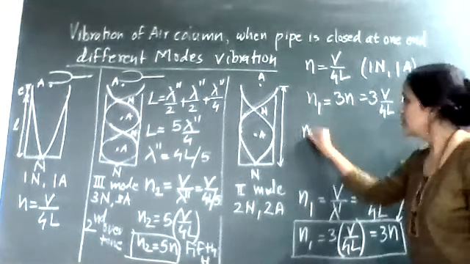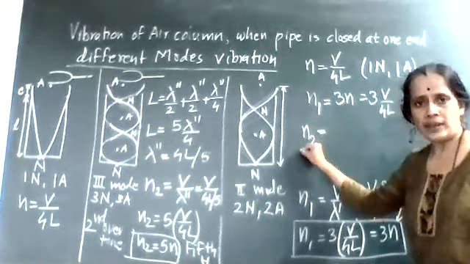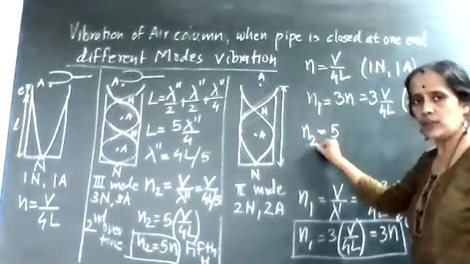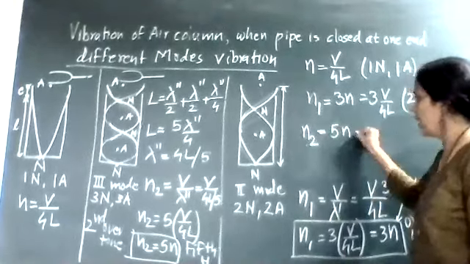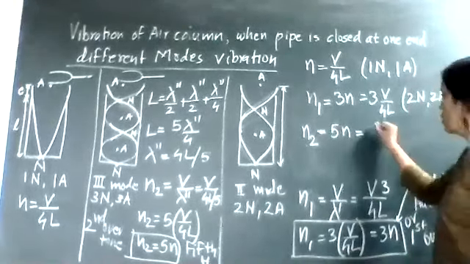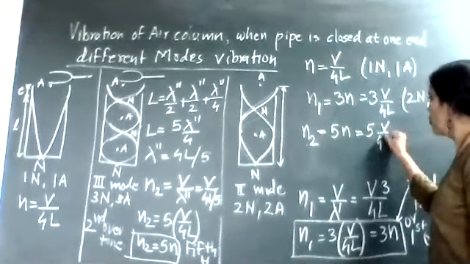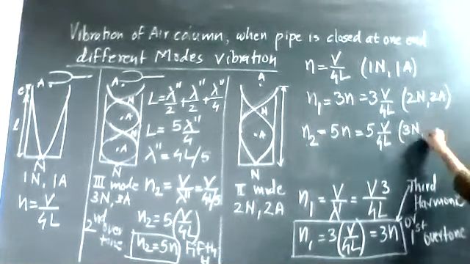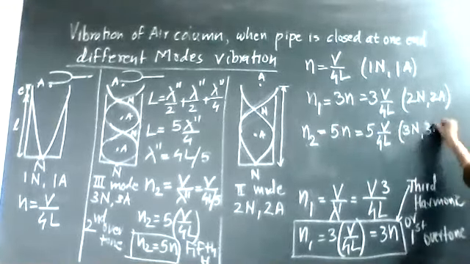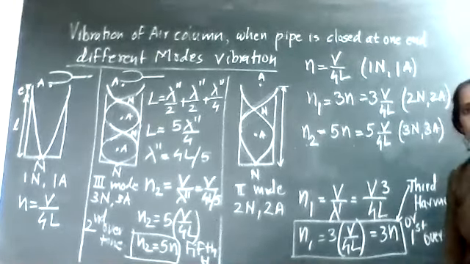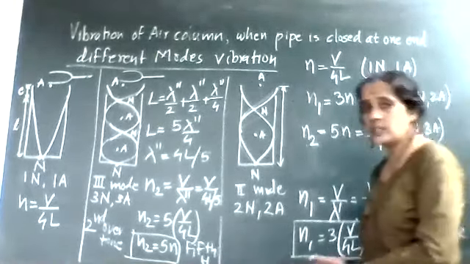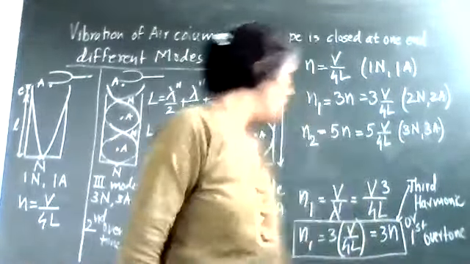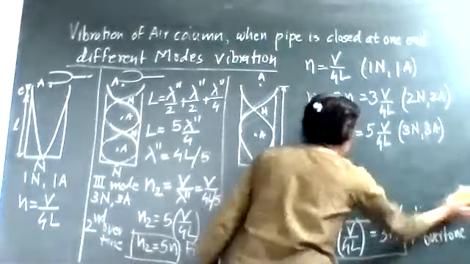Then next, the third mode is vibrating with the second overtone frequency, N2 equal to 5N, which is called the fifth harmonic, equal to 5 into V by 4L. How many nodes? How many antinodes? 3 nodes, 3 antinodes will be formed. Clear? In which case? When the pipe is closed at one end.